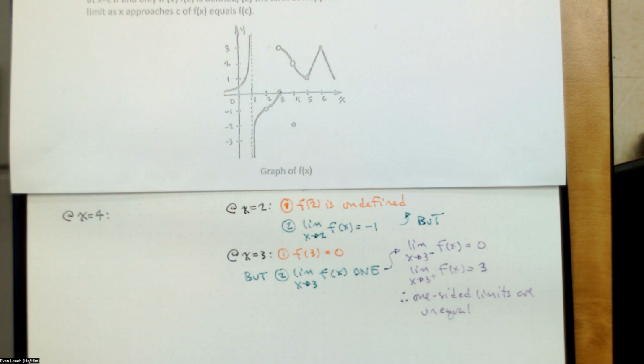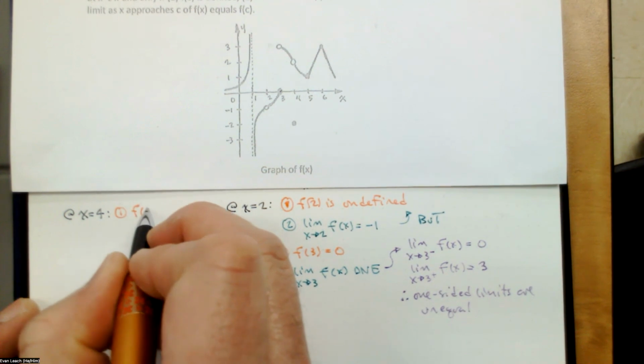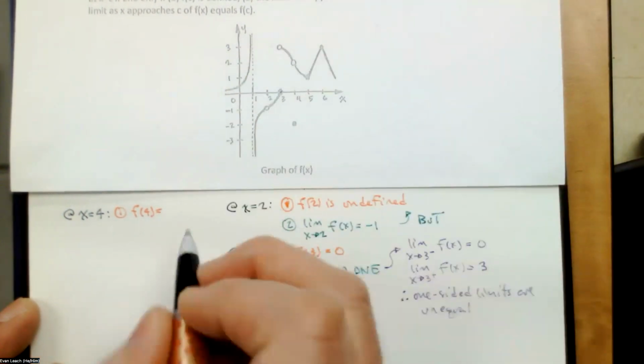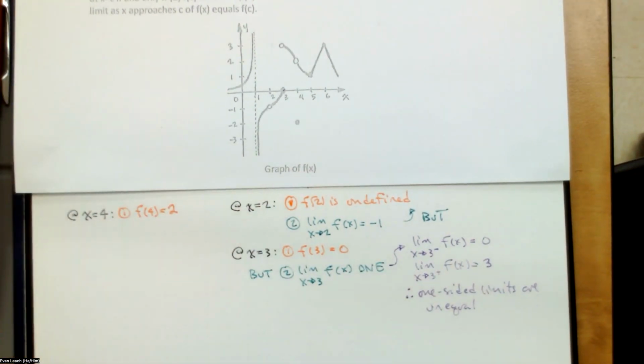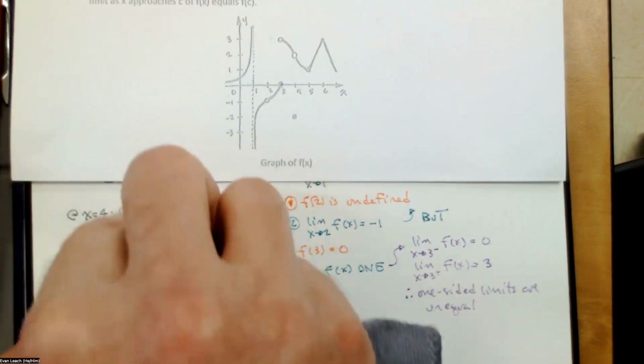So we have, number one, the function is defined. So that's okay. What is f of 4? 2. It looks like the function is equal to, oops. I switched them up. I did exactly backwards.